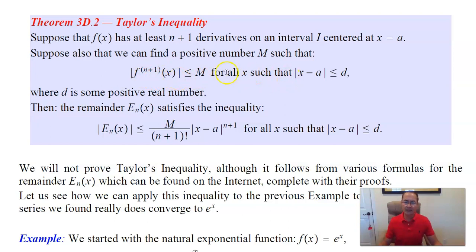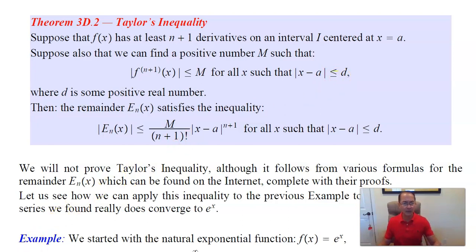So we have to think, can we find a capital M so that e to the x is smaller than M in absolute value? Oh wait, e to the x is always positive, so we don't really need the absolute value. For all x such that, our center is 0, so absolute value of x less than or equal to d. Well, that just means that x is between negative d and positive d.